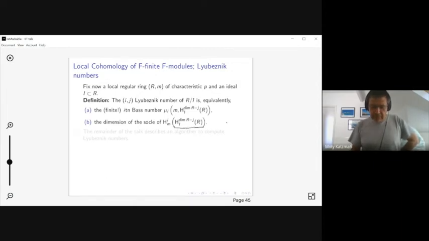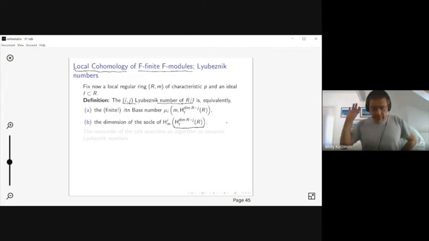So what we're doing here is looking at a local cohomology module of, in this case, another local cohomology module, but you can do this for finite F-modules in general. And in this particular case, the Bass number, or the dimension of this socle, is what we're calling the ijth Lyubeznik number of R mod I.